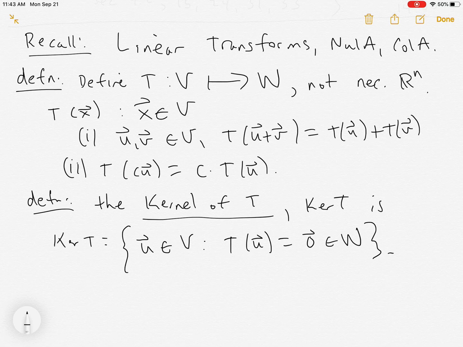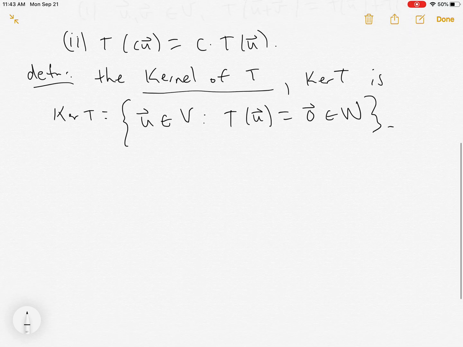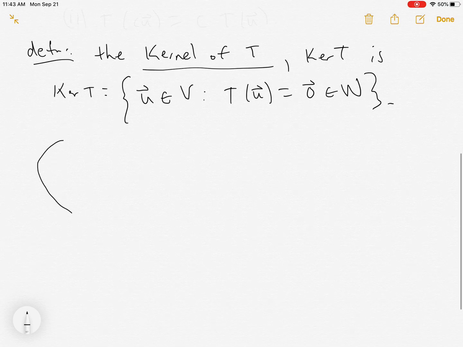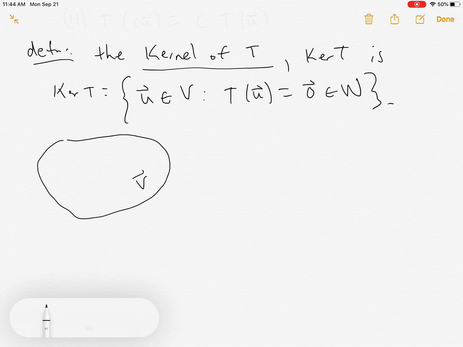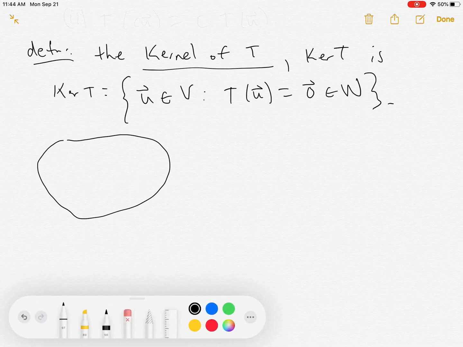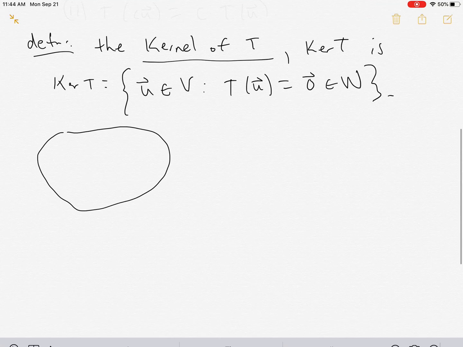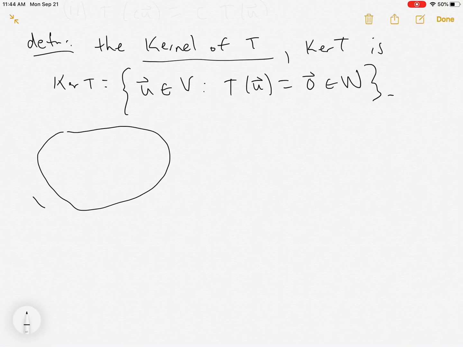So here, let's say I had this vector space V over here. So there's vectors V1, V2, the 0 vector in there.